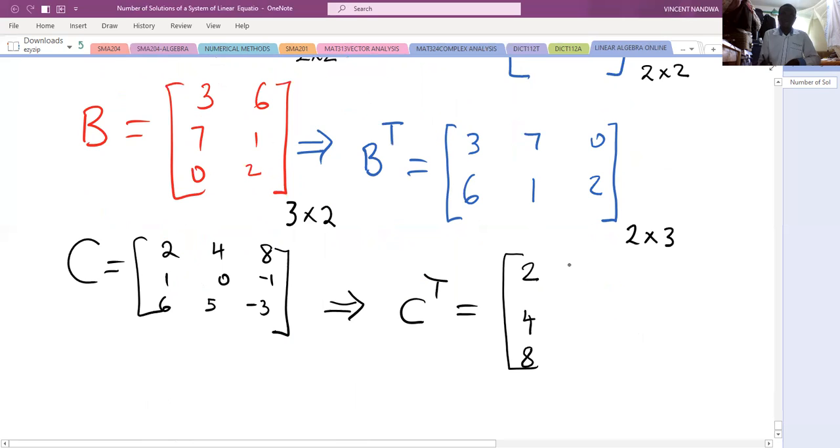Second row becomes my second column, 1, 0, minus 1. Third row becomes my third column, 6, 5, minus 3. So order of this one is 3 by 3. This one is 3 by 3.